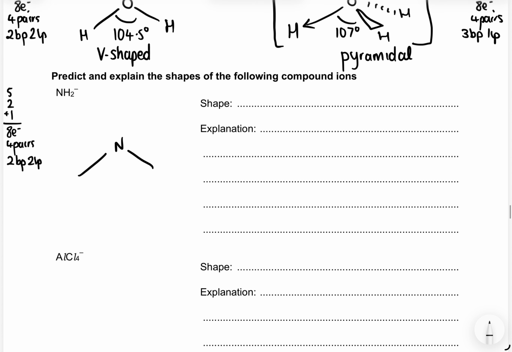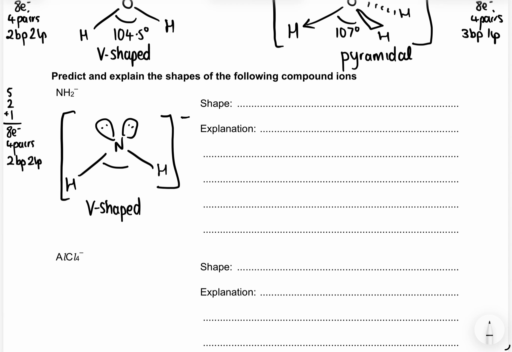So just like water. V-shaped. 4 pairs is 109.5, so 109.5 minus 2 lots of 2.5 equals 104.5. Call that V-shaped.